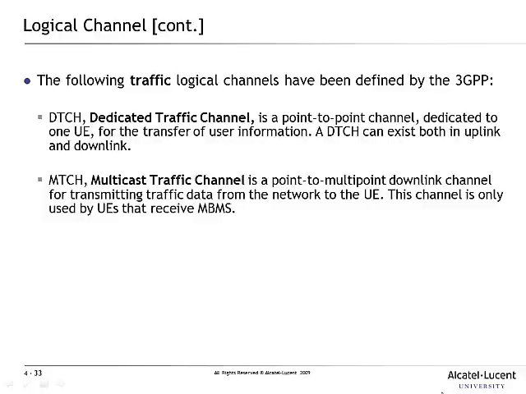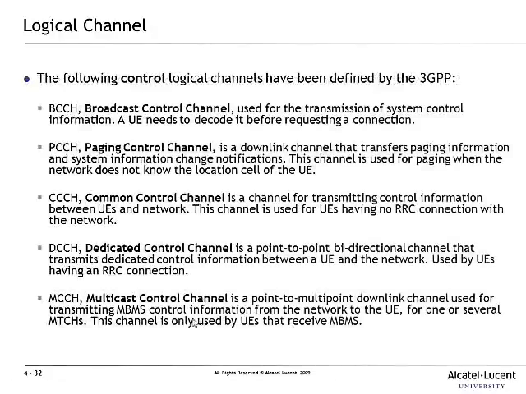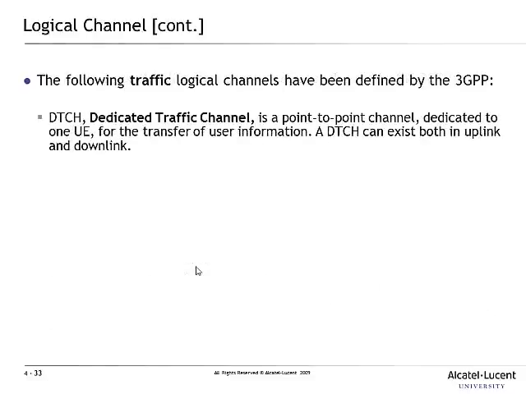When we set up any multicast session, you need to send data, which is for all the users, but you also need to send control information. That's what the MCCH is used for. It's essentially a control channel. Remember, all these are control information, not traffic information.